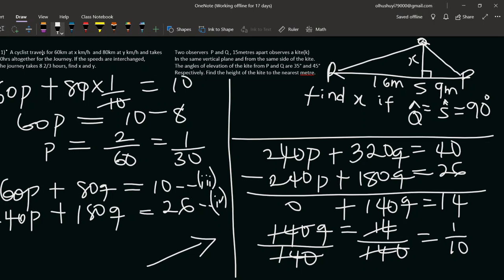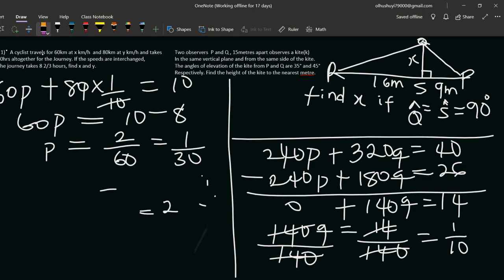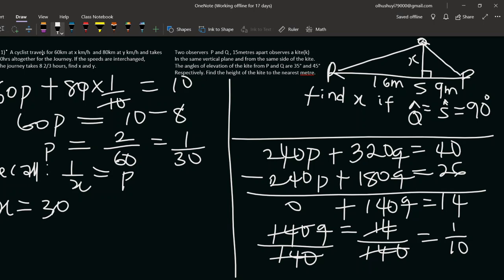Our q is 1 over 10. And recall that 1 over x was equal to p, so automatically x will be equal to 30, and 1 over y was equal to q.